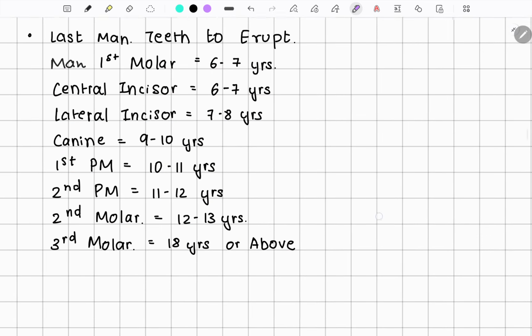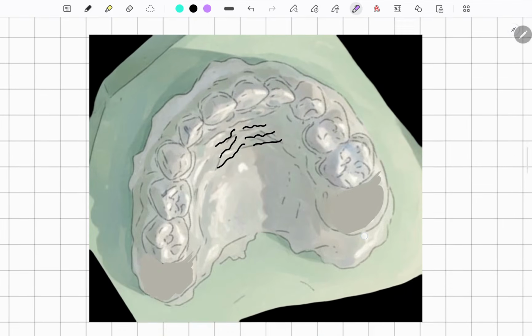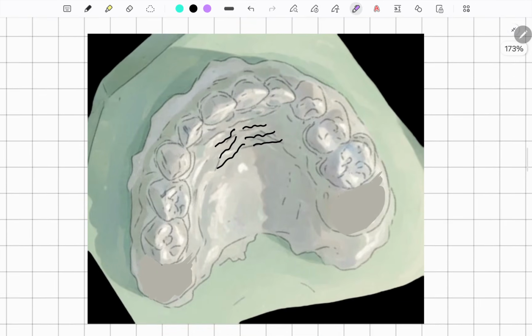Now let us solve some examples based on this. So this is the first example. While identifying the cast, my tip is first you need to count the number of teeth in each quadrant. For example, over here it is 1, 2, 3, 4 and 5. So a total of 5 teeth are present.